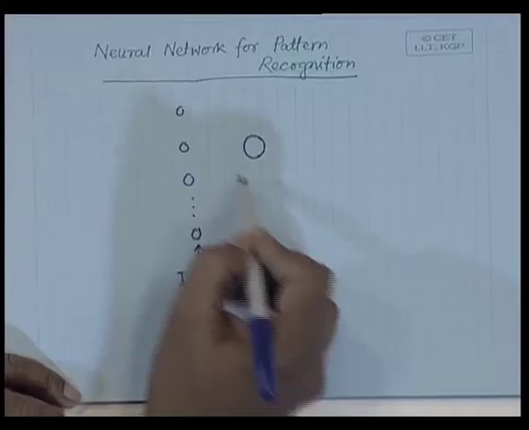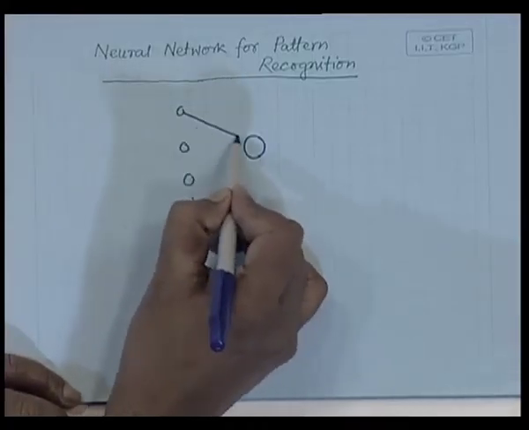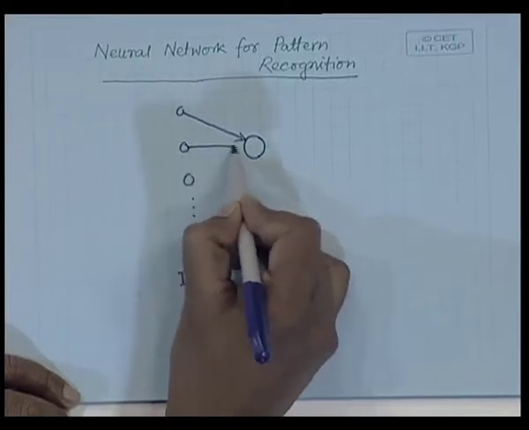So, if the output of the output layer node is greater than the threshold, in which case the output of the output layer node will be set equal to 1, which will indicate say class 1, and if the output is 0, it will indicate class 2. So, the connections that we will have is something like this.